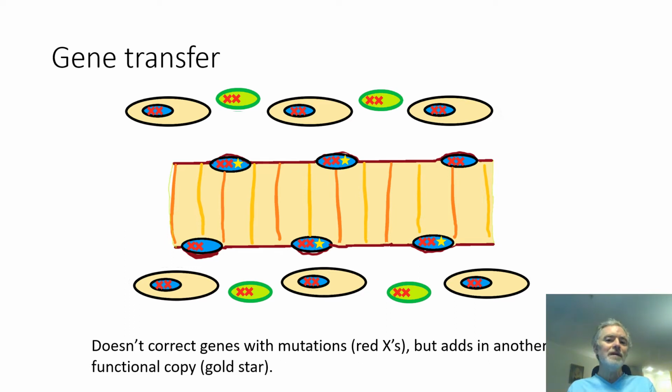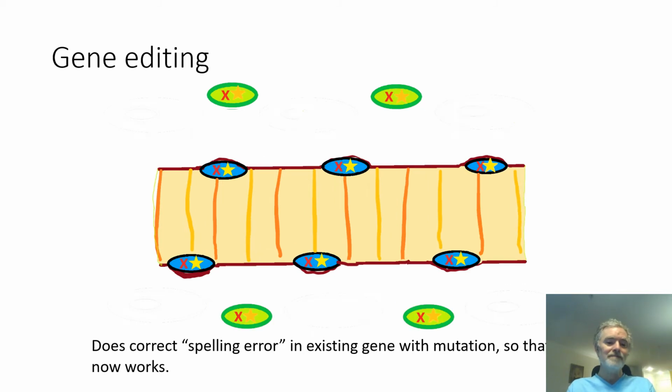It doesn't do anything to fix the spelling mistakes that are associated with the mutation. It just puts another copy in that's correct and that will work. So the issue is that you're not making any corrections in what's already there. You're just putting in a new good copy.